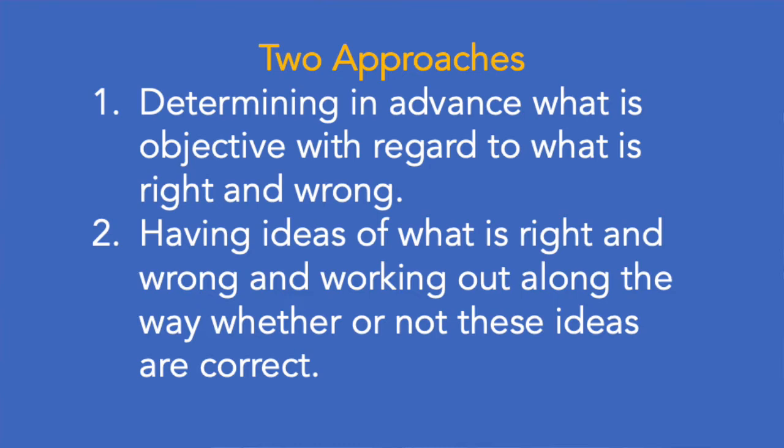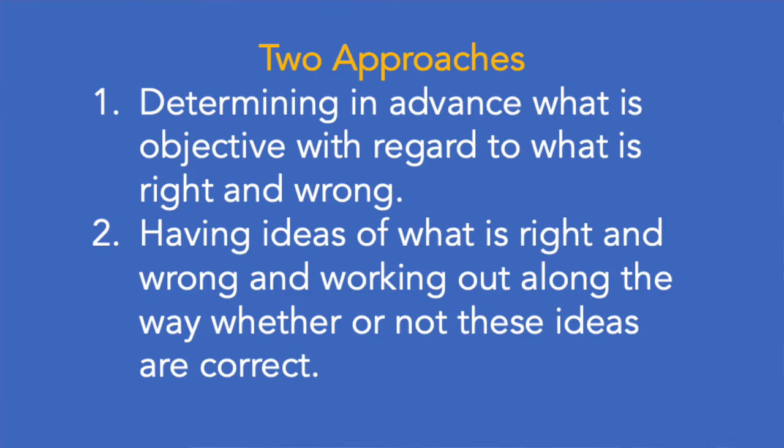The second approach is having ideas of what is right and wrong and working out along the way whether or not these ideas are correct. So in other words, we have a pretty good level of belief or credence in the kinds of values and principles that we use in acting morally in everyday life, but we're not quite certain about it. We're not quite sure, but we're willing to bet on these principles and values, as it were.